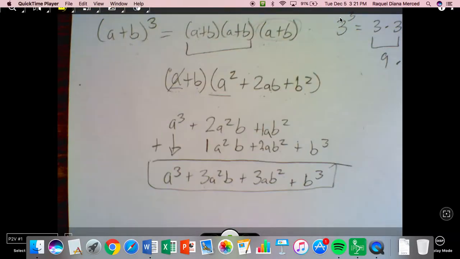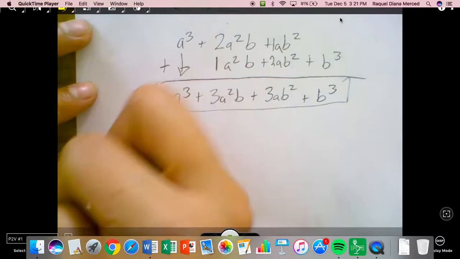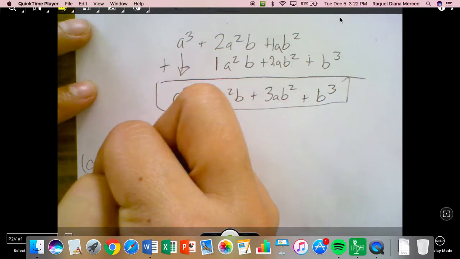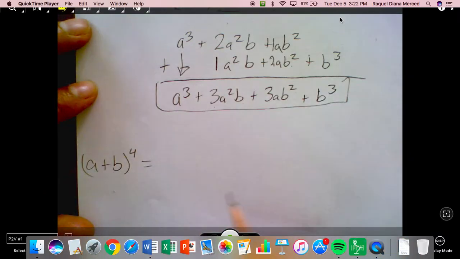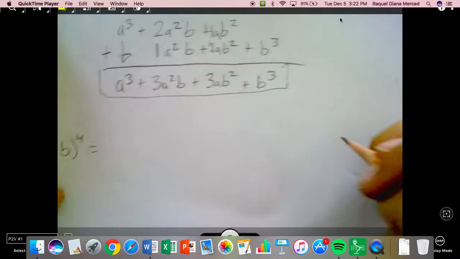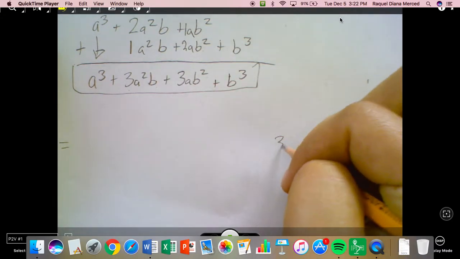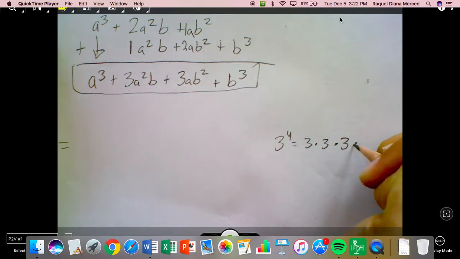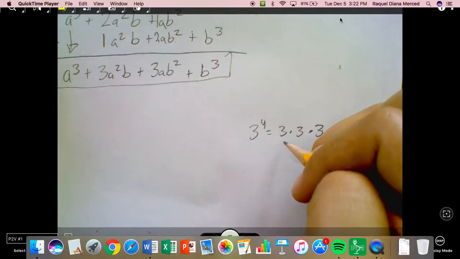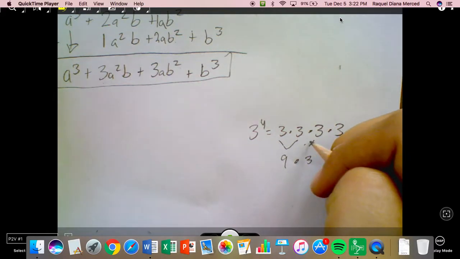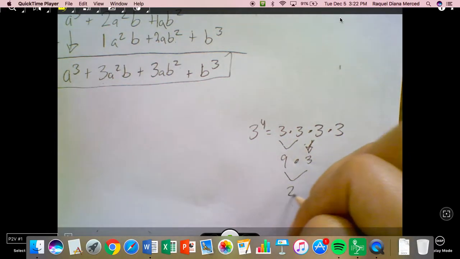The last one is now a plus b to the fourth, a plus b to the fourth power. And that's just saying, again, with the 3, 3 to the fourth power is like saying 3 times 3 times 3 times 3. 3 times 3 is 9, times another 3 that I just brought down is 27.